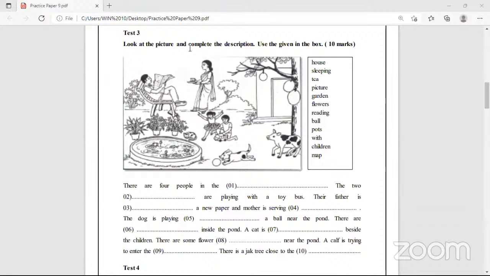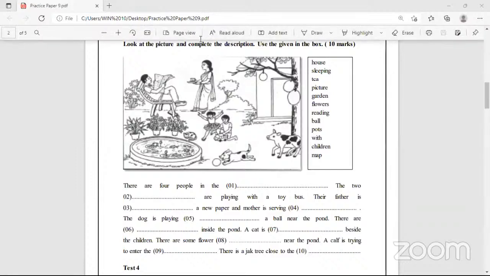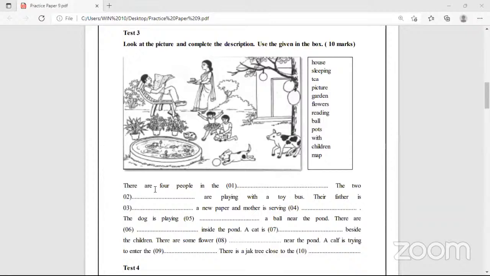Right, let's discuss the answers. I think you may have finished the task. Right, let's go to the first one. There are 4 people in the picture, right? You can see there are some things in this picture.